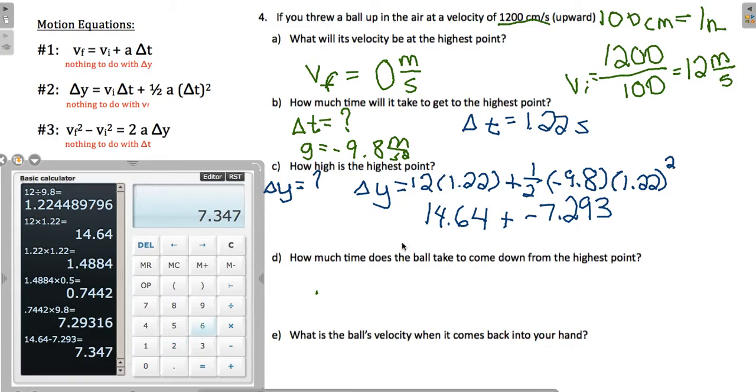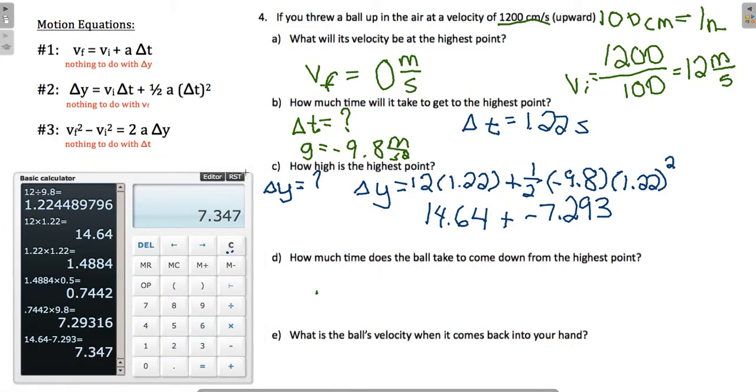That gives me an answer of the height of my ball. I'll put it in red for you. So delta y is equal to 7.347. I'm going to write just 7.35 meters as our measurement.